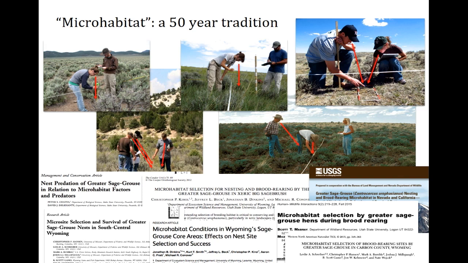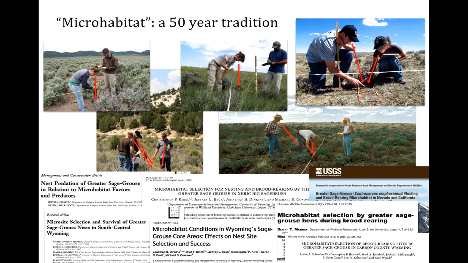It involves going to a place where we know an individual sage-grouse was found at one point, whether that's, for example, a nest site, stretching out a couple of meter tapes and taking our Daubenmire frames, our meter sticks, our Robel poles, and gathering very detailed data about the composition of plant functional groups and their structure, things like height and percent cover.